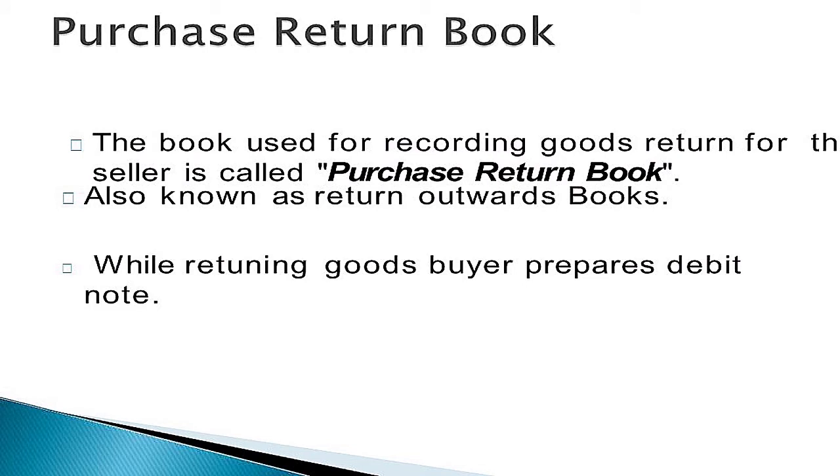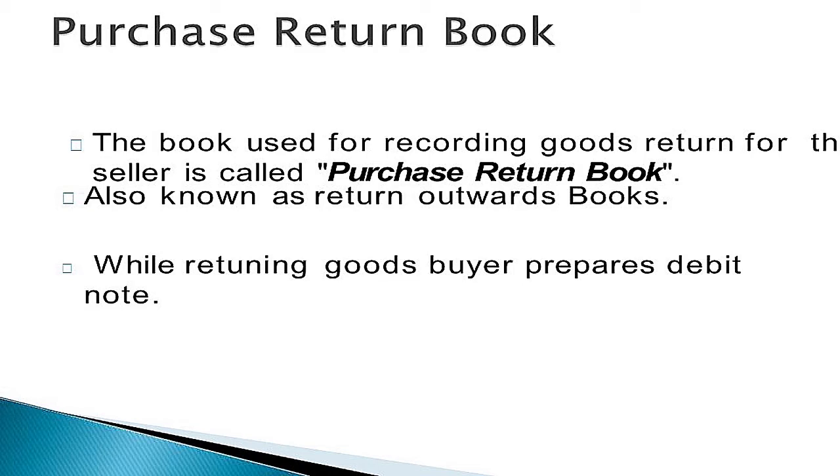Then coming to the purchase return book. Credit purchases are recorded in purchase book. In the same manner, we record the purchase returns in a separate book. It is called the return outward book.